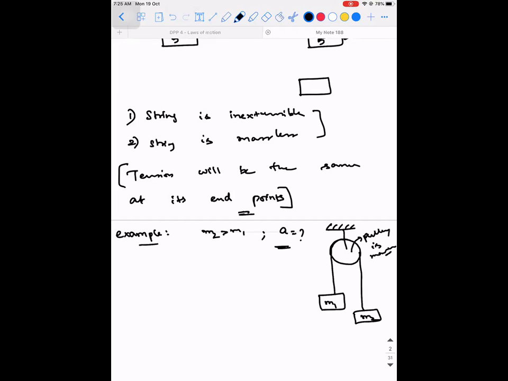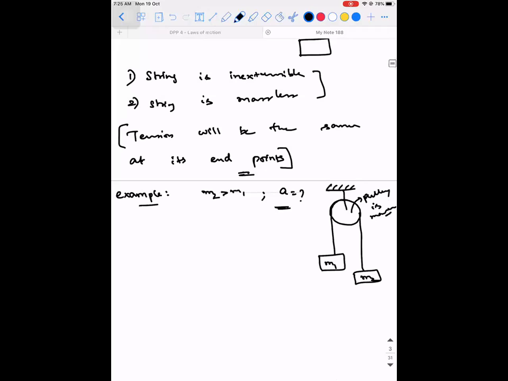So how do we proceed, guys? For M1, if I draw the free body diagram, M1g will act downwards. Tension will act in the upward direction. What will happen in the case of M2? M2g will act here, tension will act.